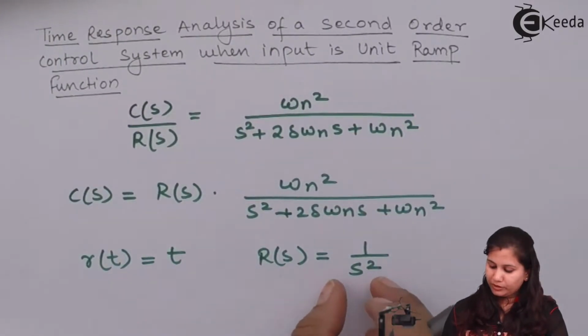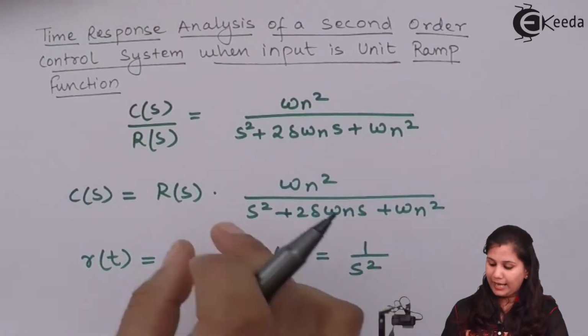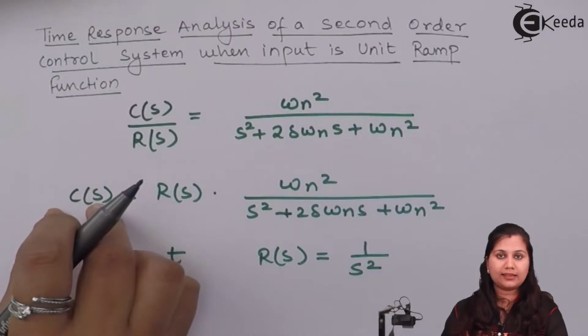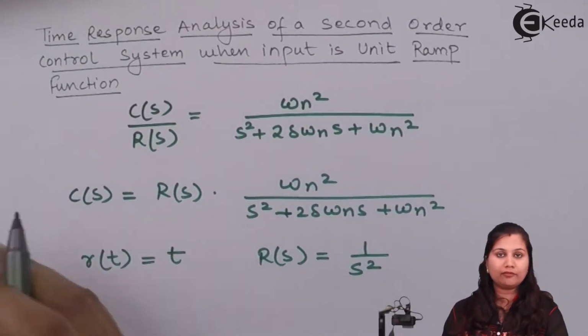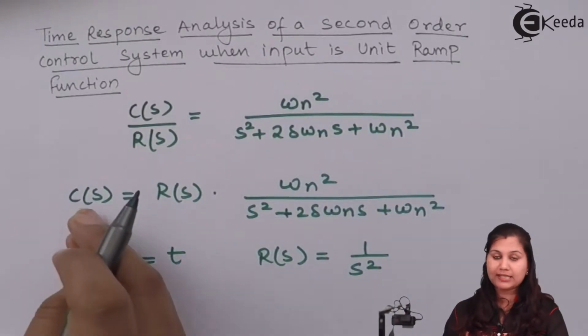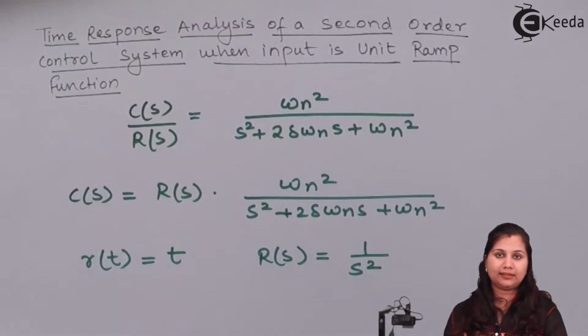If we put the value of this R(s), that is 1 upon s square, we can get C(s), the Laplace transform of the output. If we take the inverse Laplace transform of this C(s), we will get c(t), that is the output, or the time response of the system.